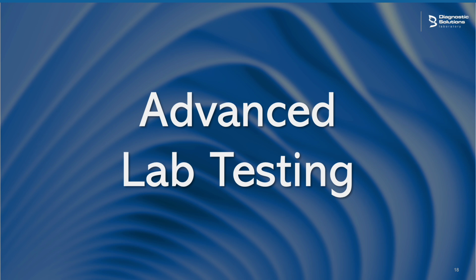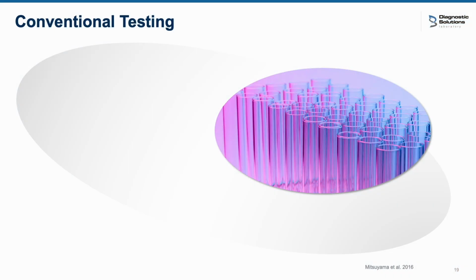Now let's take a look at how we can use advanced lab testing to highlight the differences between our patients and get extremely individualized with our treatment protocols. First, I want to talk about conventional lab testing. So the classic way to diagnose Crohn's disease and ulcerative colitis, first you're going to pick up on a symptom picture, and that will be through your GP, through your primary care provider.